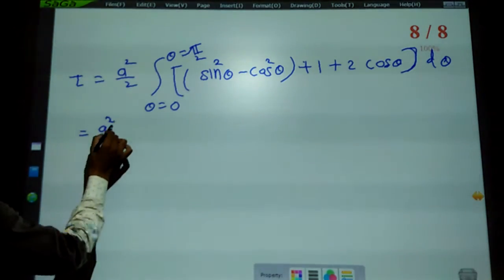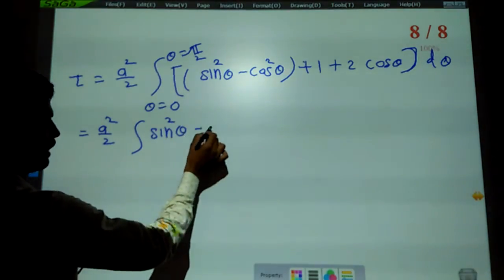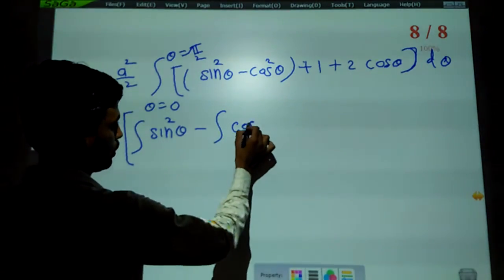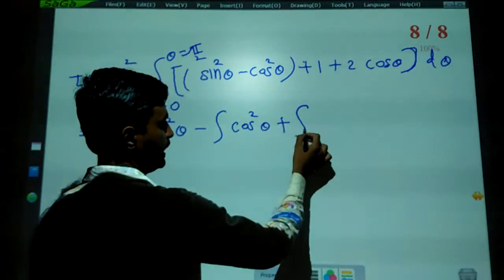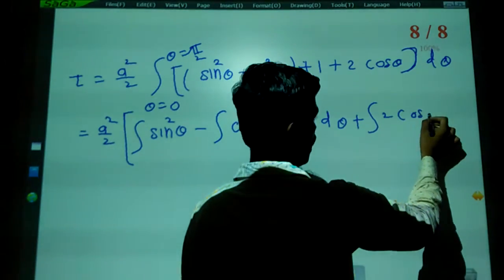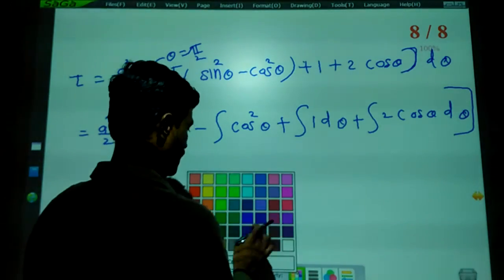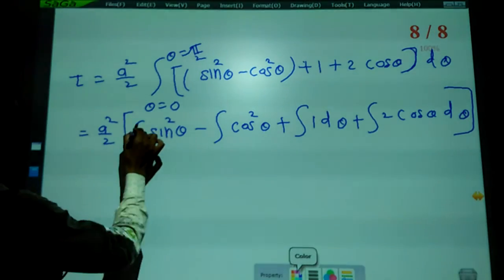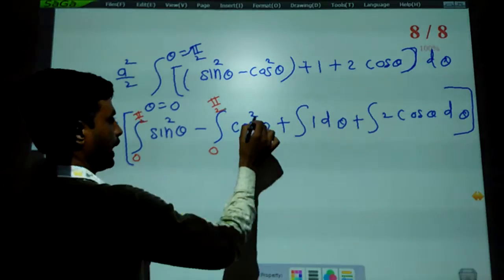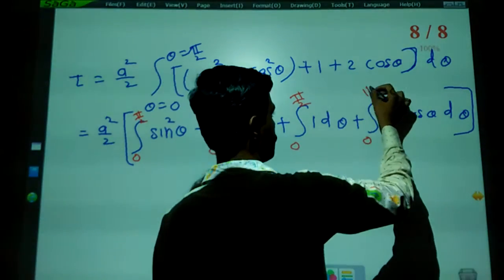So here, a square by 2, separate the integration: integration of sin square theta minus integration of cos square theta, integration of 1 d theta, integration of 2 cos theta d theta. The limit of each integration is 0 to pi by 2.